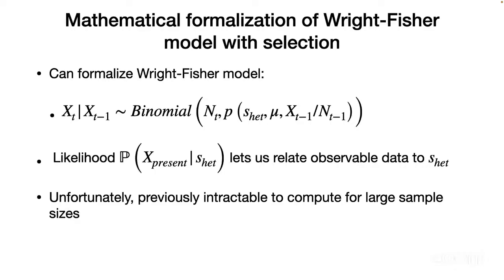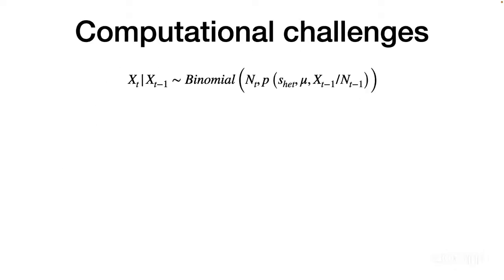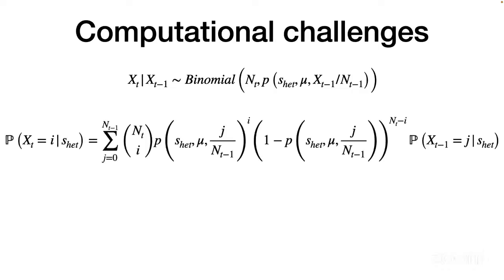We observe some frequency, and then now we have a likelihood of the selection coefficient. It turns out that this is a bit tricky to do mathematics on. We know how to do each step independently, but you have to do these steps over and over again.